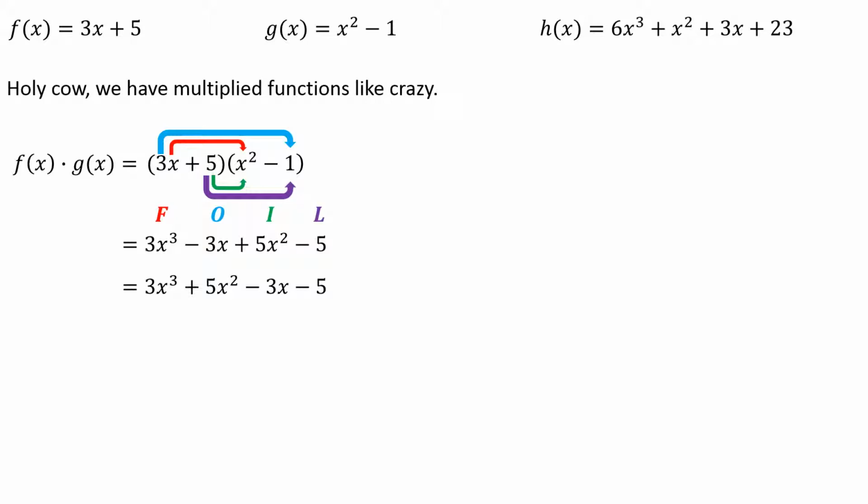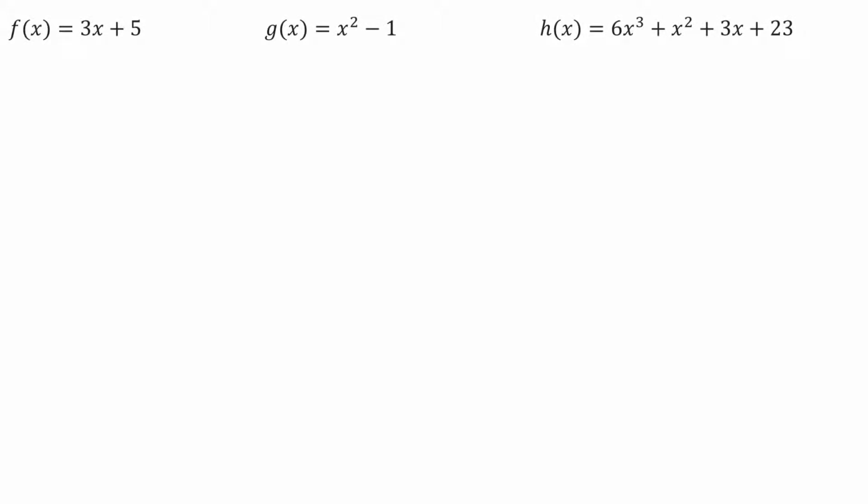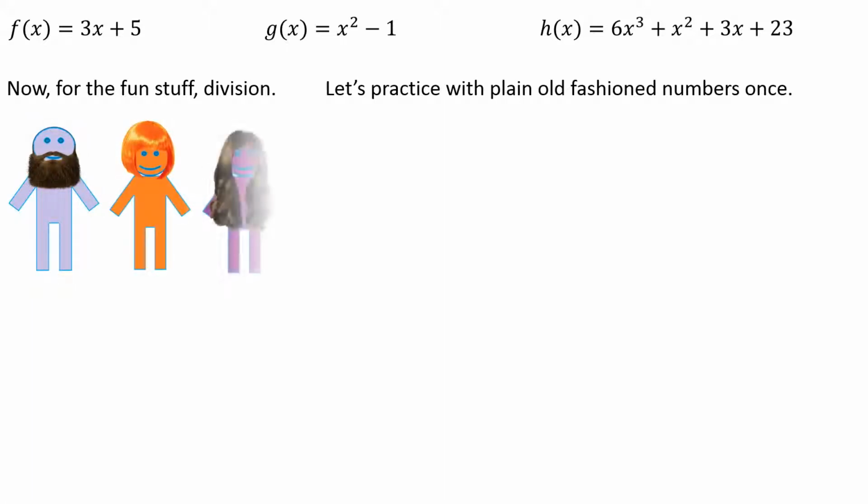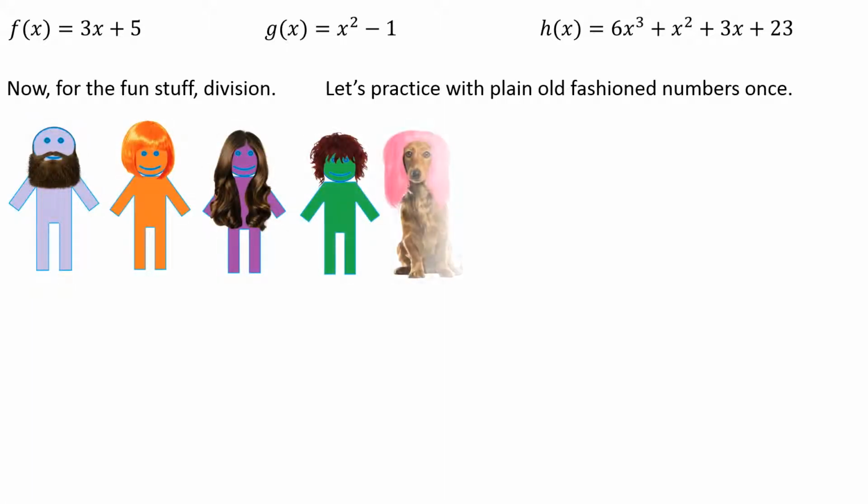So where does the fun come? Well, of course, division. So let's get Pizza's entire family out here. All right. We got dad, mom, sister, brother, Rover, the family dog.